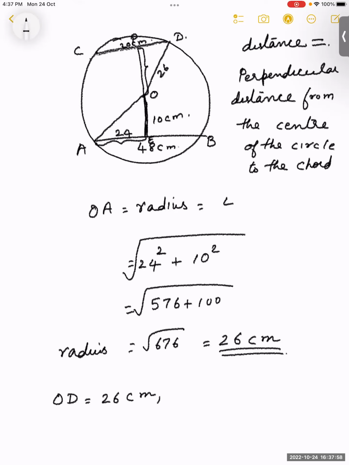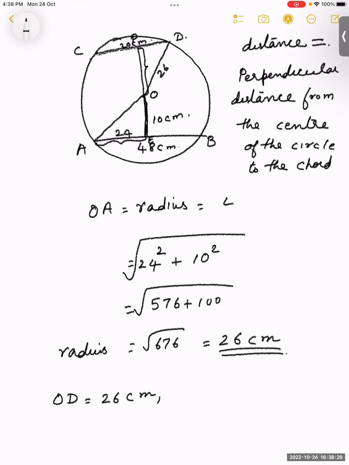Again, do we need to take the entire 20 centimeter? Shreya, are you understanding what I'm saying here? I'm talking about the same question, example 2.